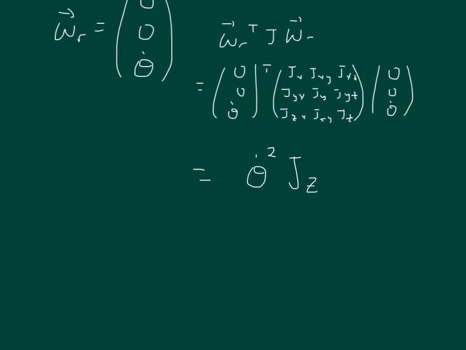And so for planar motion, we're only interested in the inertia about the z-axis. Now, this is the inertia about the center of mass, and so that's an inherent property for a physical system. So let's lay this rod out in a way that makes it easy to compute Jz.